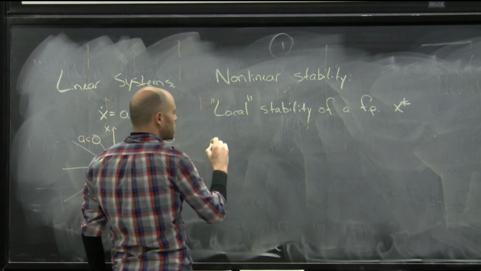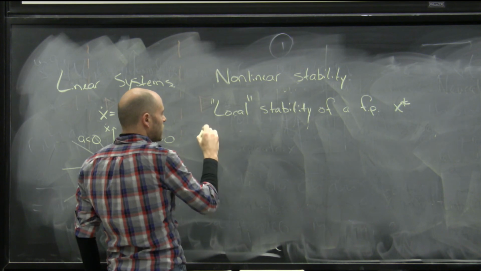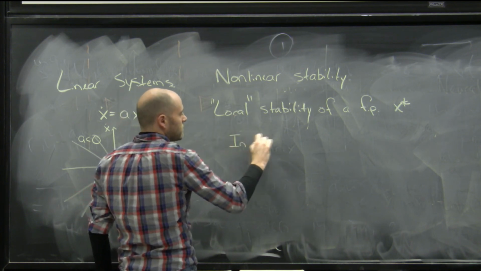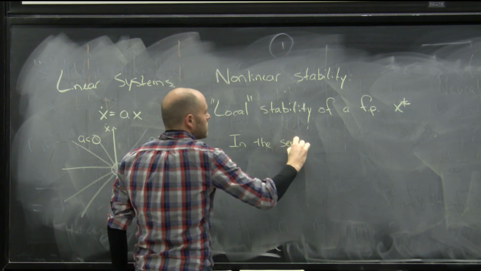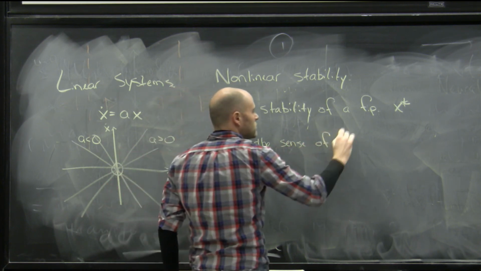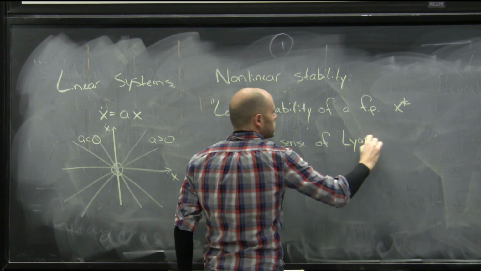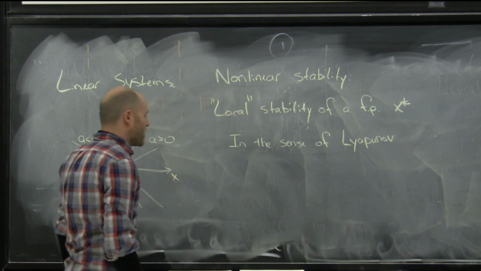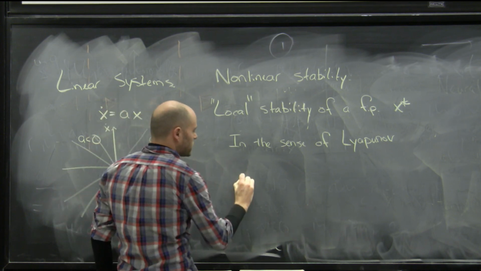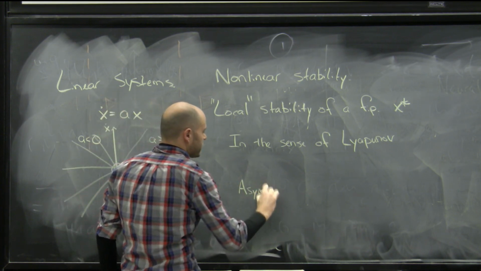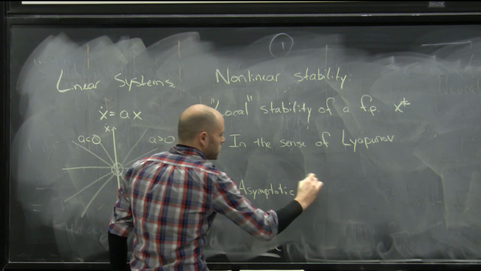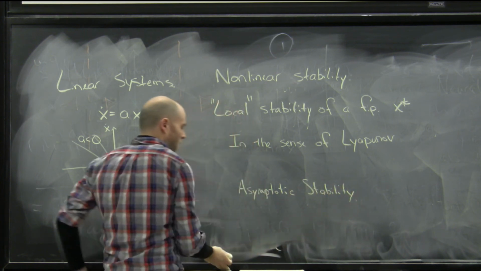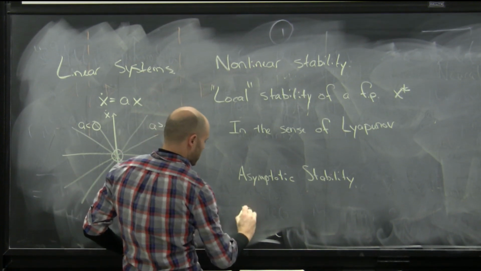There is local stability. All of these are local, in the sense of Lyapunov. There is local asymptotic stability. And local exponential stability.